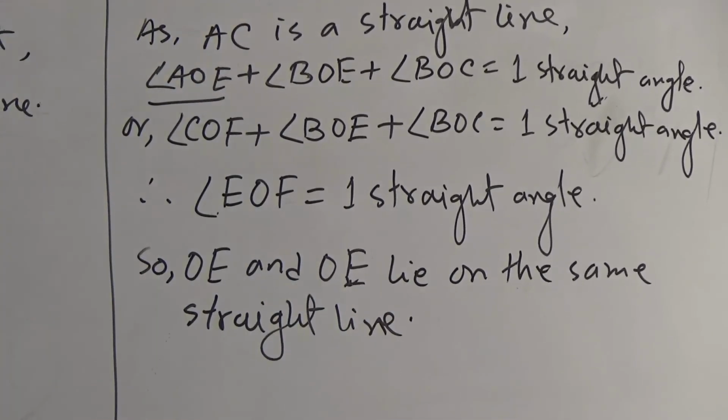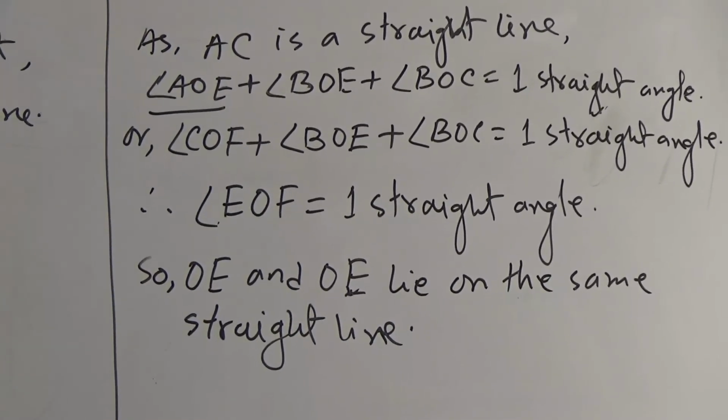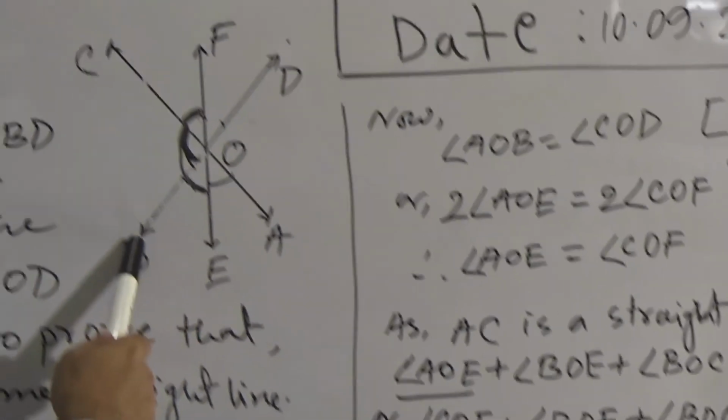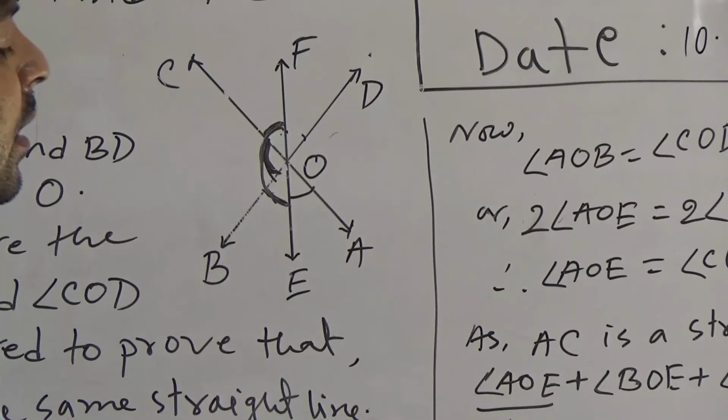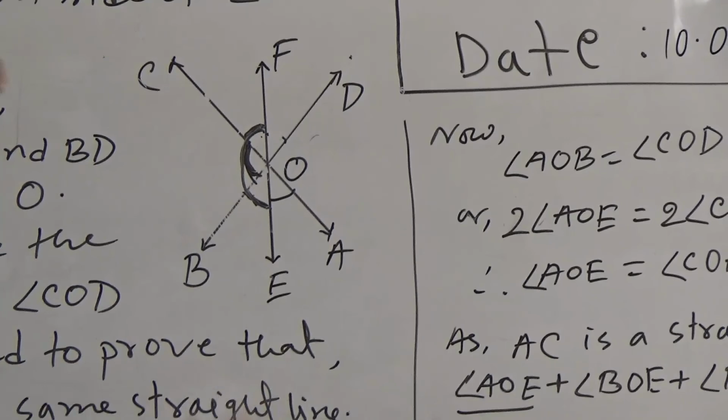What is our question? Our question was: the bisectors of angle AOB and angle COD lie on the same straight line. This we have to prove.